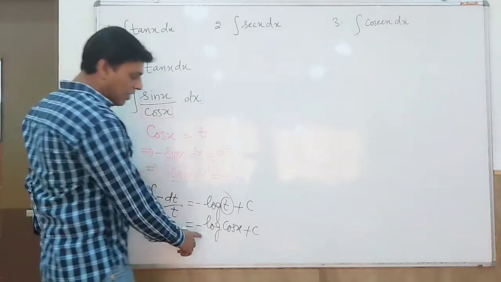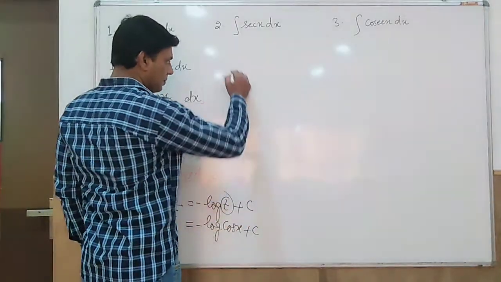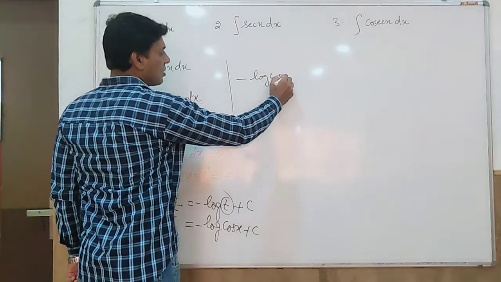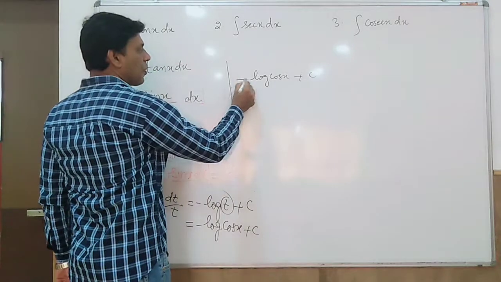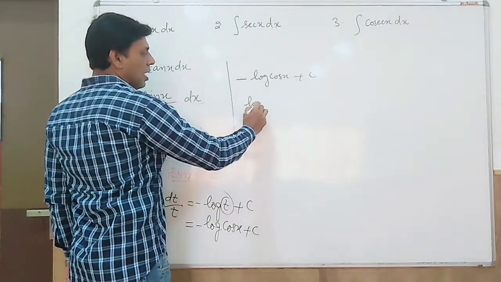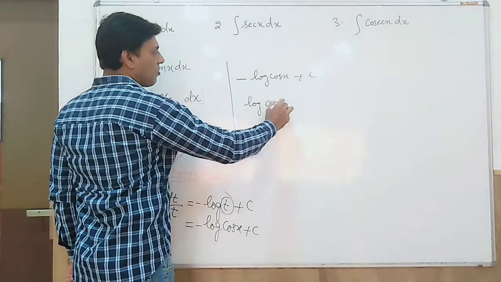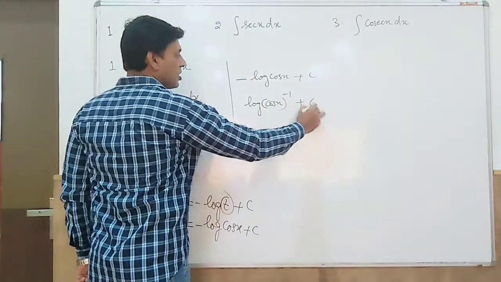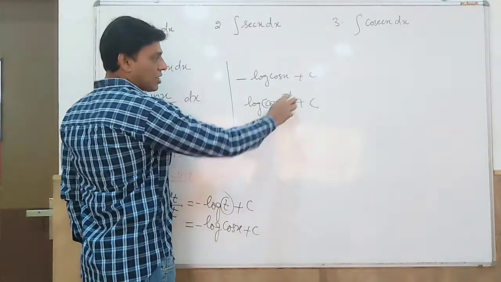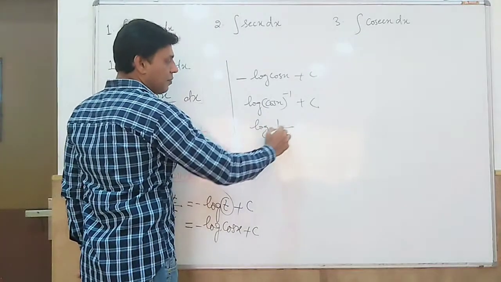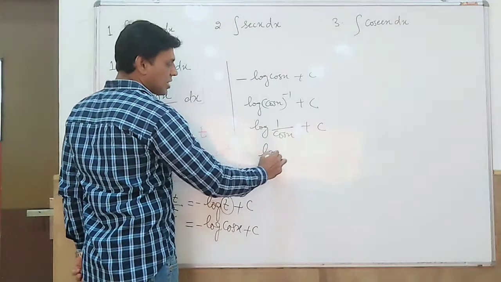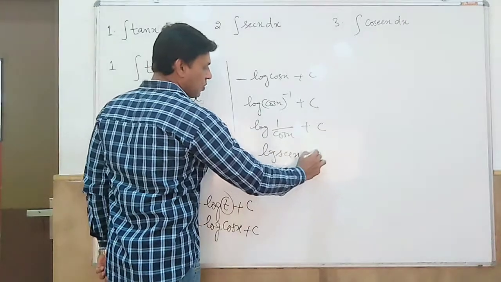But we can derive it in another form also. Minus log cos x plus c: you know the property of log, the minus 1 becomes the power of cos x, that is log of cos x to the power minus 1, plus c. Cos x to the power minus 1 means 1 upon cos x, which is sec x, so it can be written as log sec x plus c.